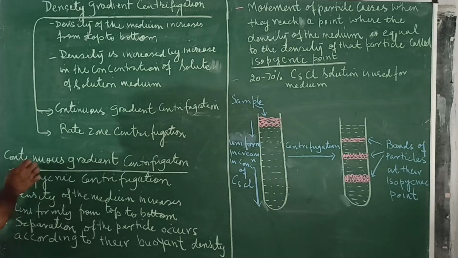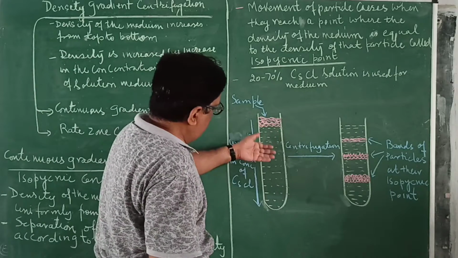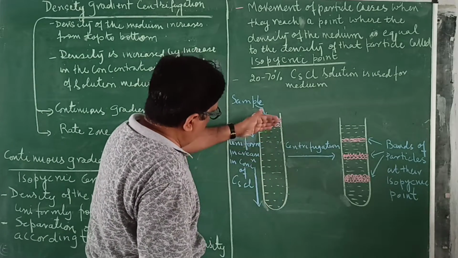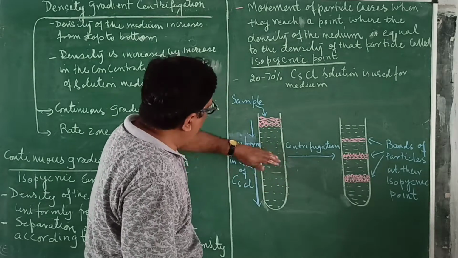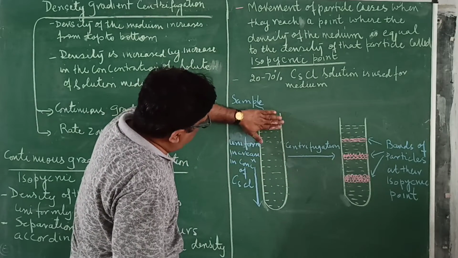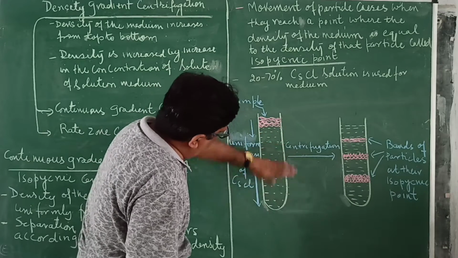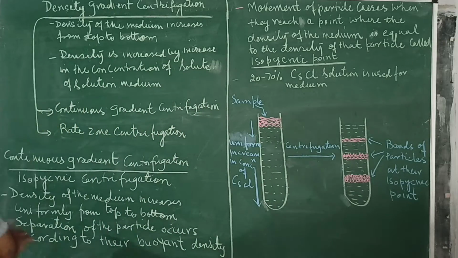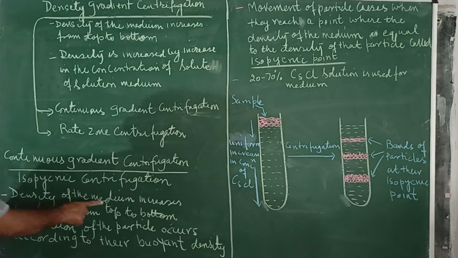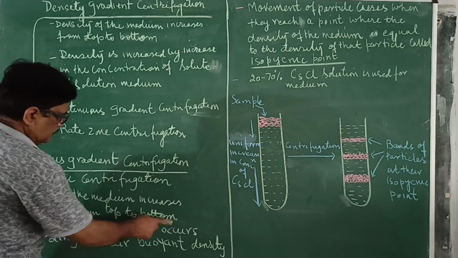As the name suggests, in the continuous gradient the increase in the density of the medium is uniform and continuous, continuously increasing from here to here. So the first point is that the density of the medium increases uniformly from top to bottom.